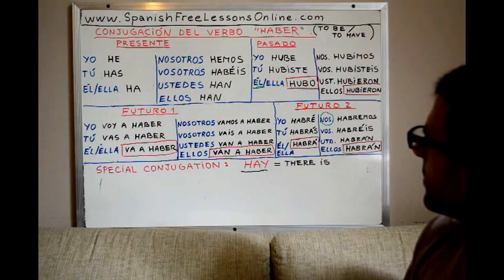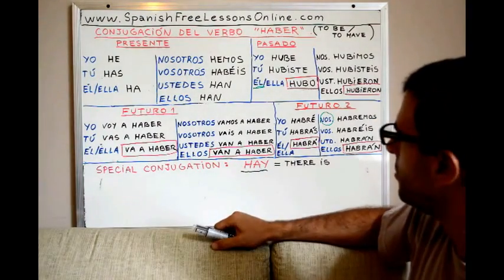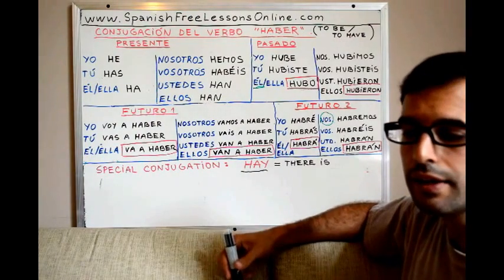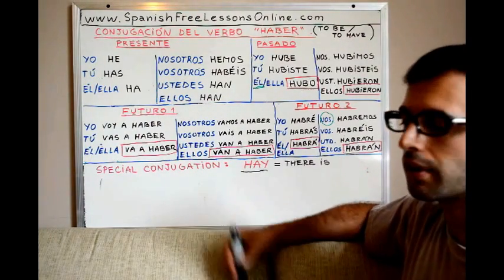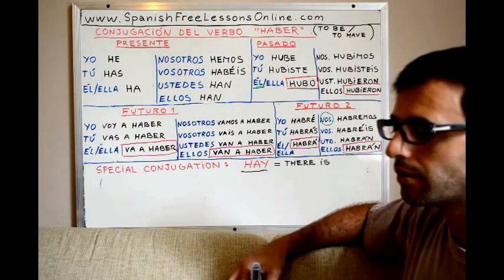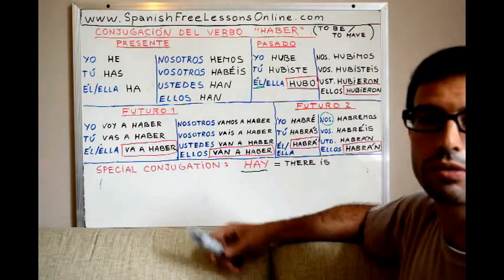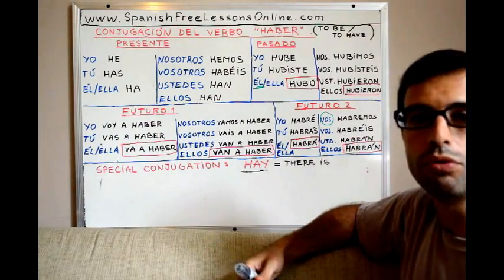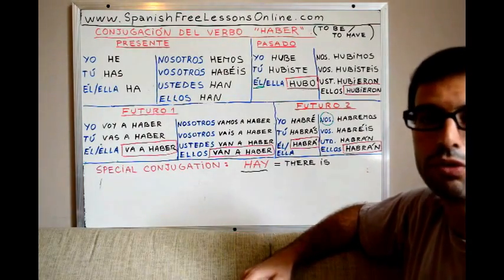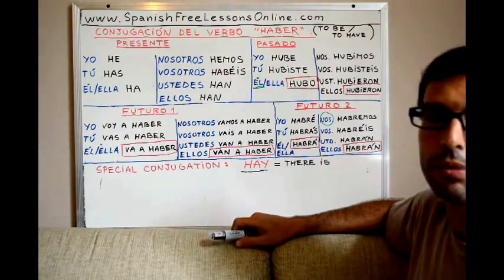You use it when you say hay algo, there is something. Hay una casa, there is a house, okay? Whenever you use there is in Spanish, you say hay, as simple as that.